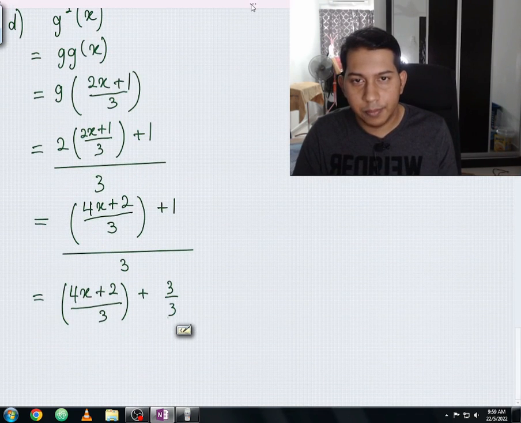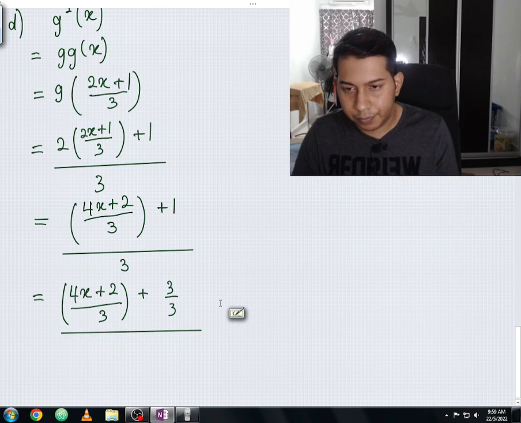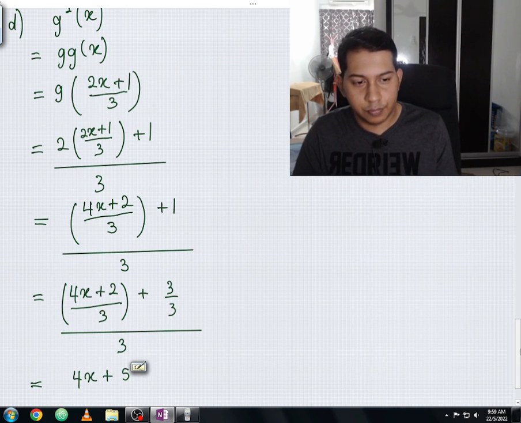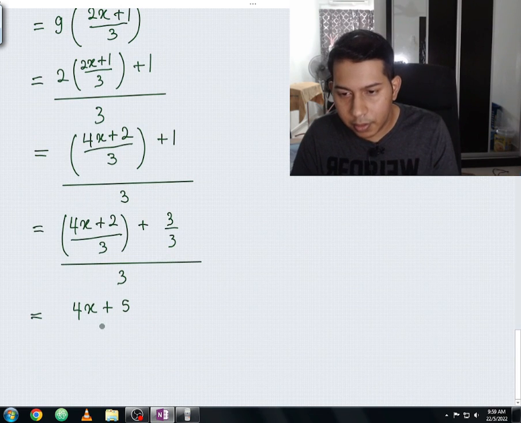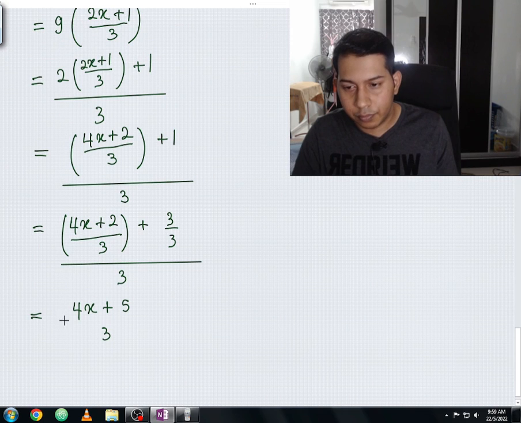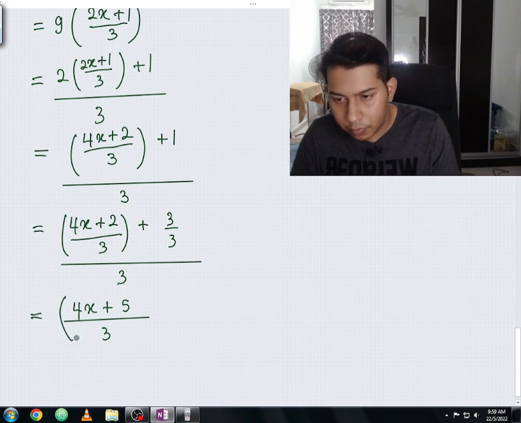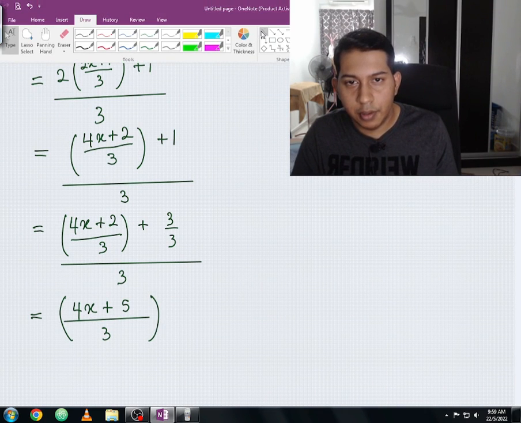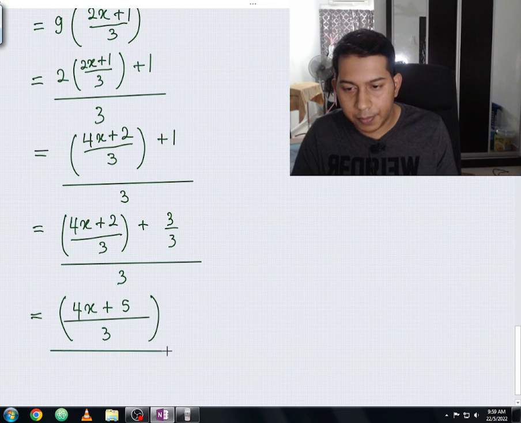So from here you divide the whole thing by 3. You solve the top part, so you get (4x plus 5) over 3, close bracket, and then you still need to divide the whole thing by 3.